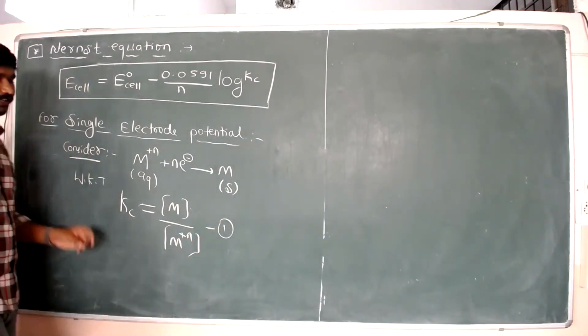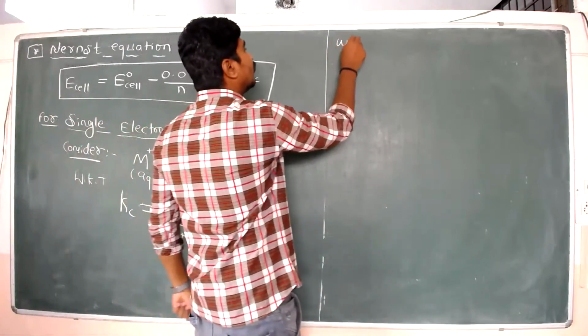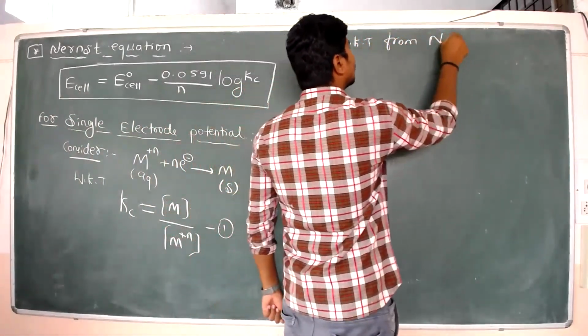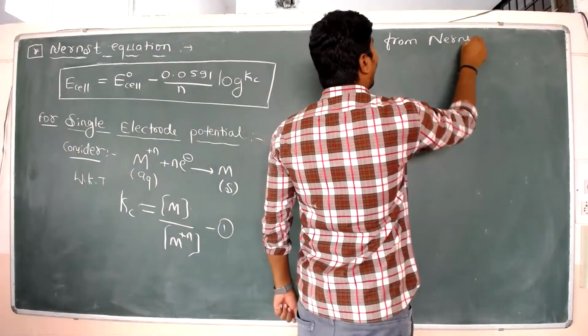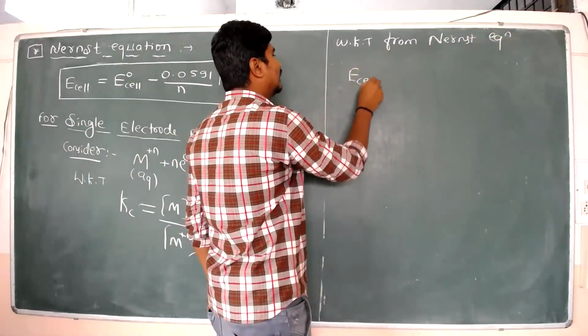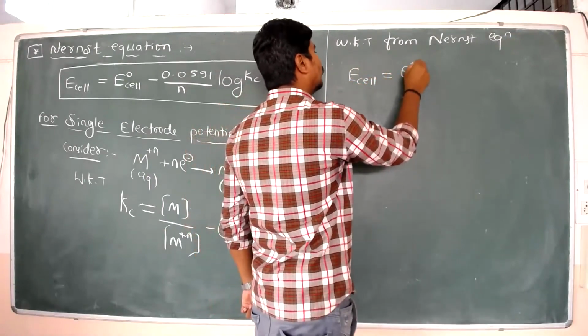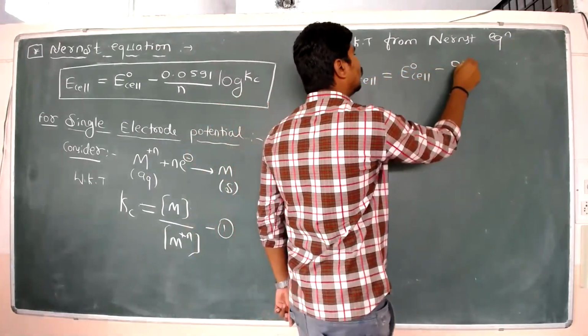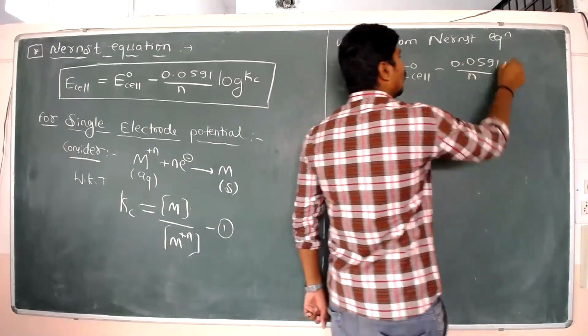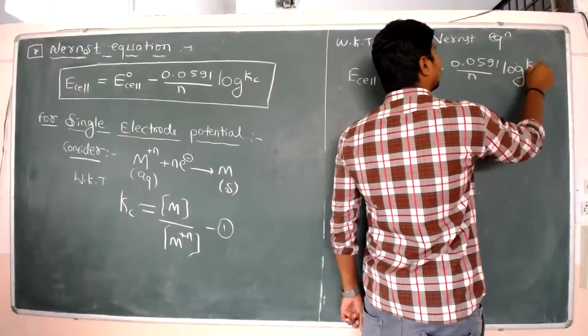Equation 1. We know the Nernst equation. What is the Nernst equation? E cell is equal to E naught of cell minus 0.0591 by n log Kc.